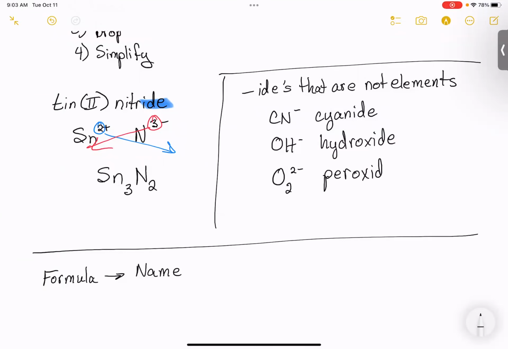These are the only polyatomic ions that do not end in ate or ite that are anions. These are the only polyatomic ions that end in ide, like the elemental anions. That's why I said 90% of the time it's an element, but these are the 3 exceptions.